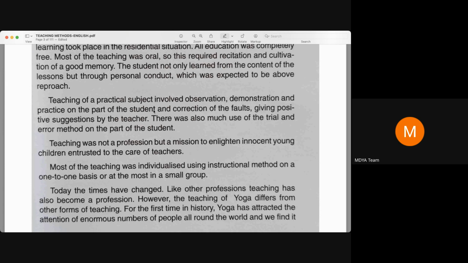During that time, it was not that there were so many students in a class. There was a small group. Not like in today's present time. We have so many sections, so many classes, so many students, and so many teachers also. So today the time is completely changed.